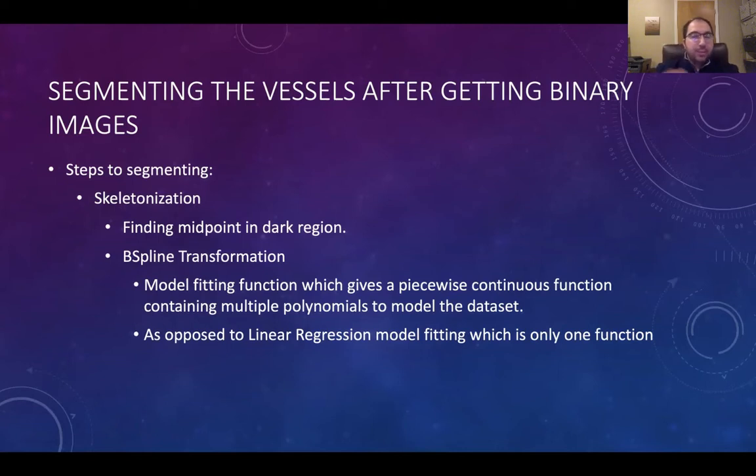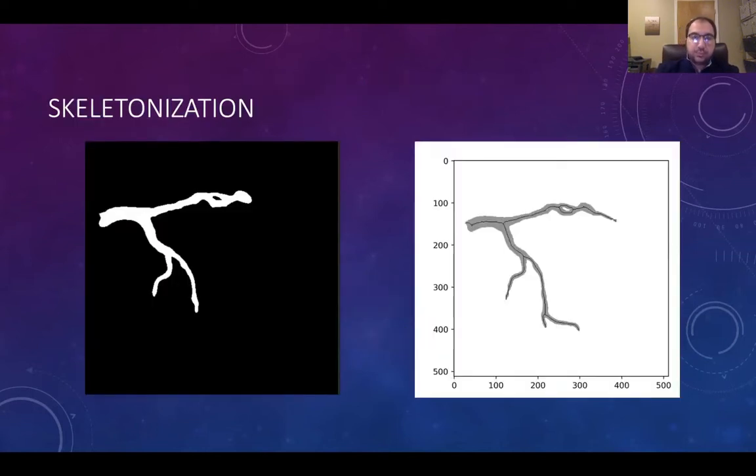This is a bit different from linear regression models, which fit only one function, only one polynomial. In skeletonization, for example, the binary image on the left is from the initial phase of the distribution of blood in the vessel.